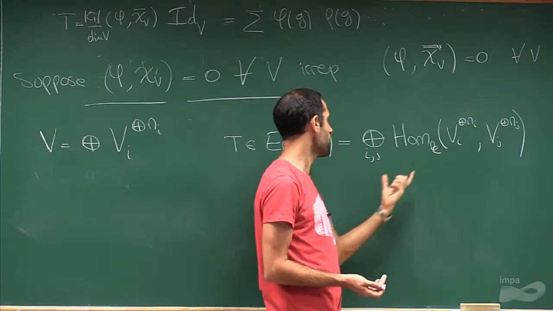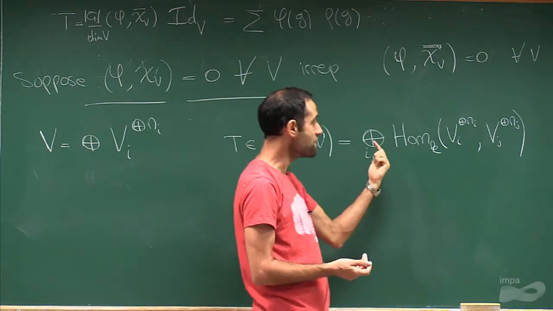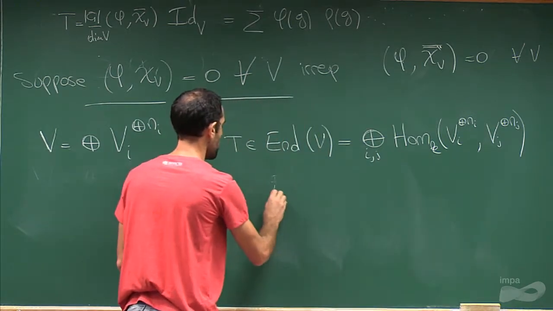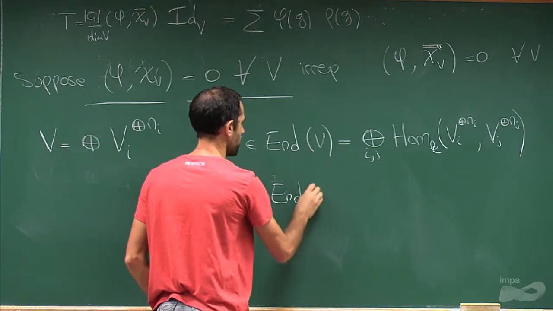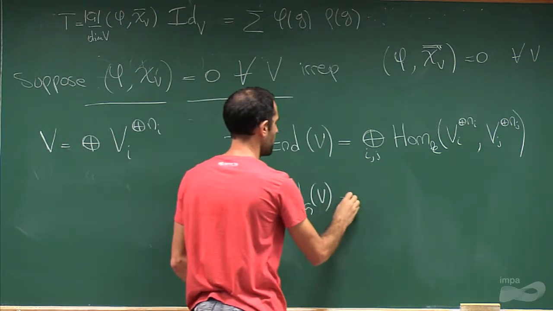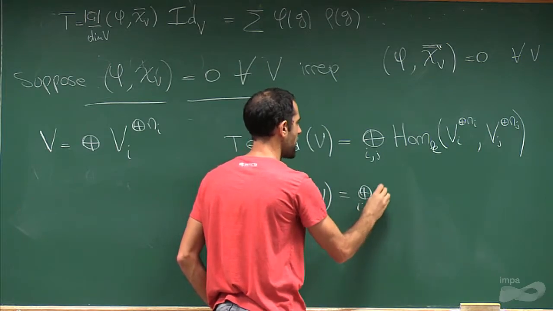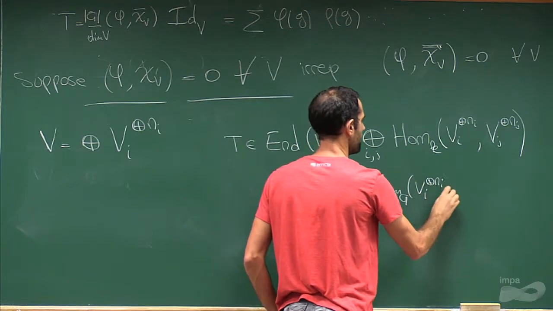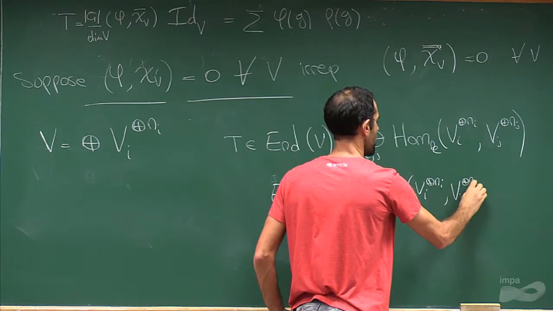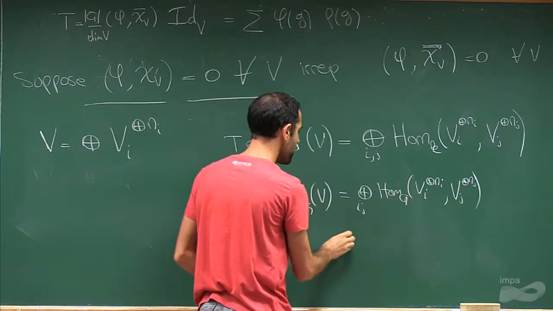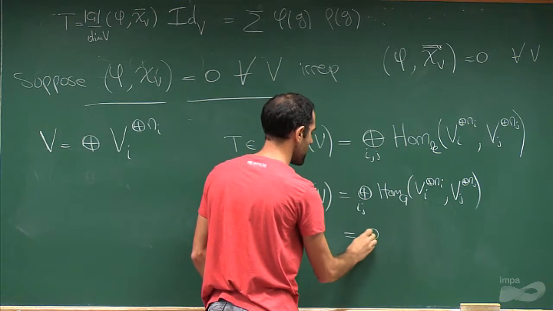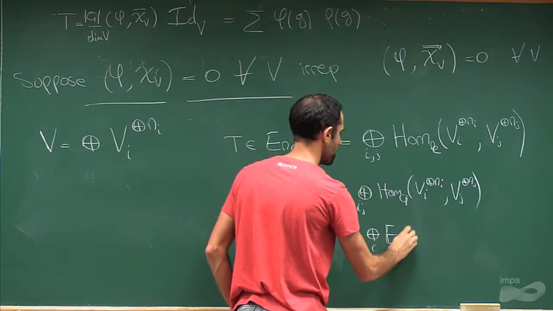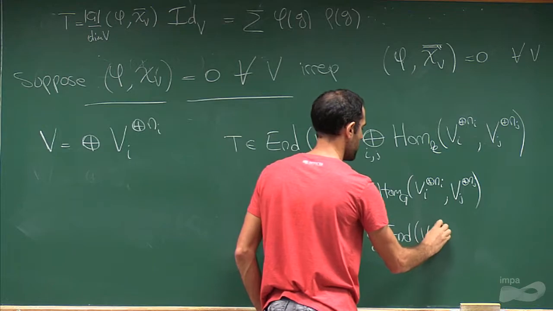So we know that if I look at morphisms that are invariant with respect to the action of G, then the spaces are 0. Namely, if I look inside this space at the ones that commute with G, then this is the direct sum over i and j of Hom_G(Vi to the Ni, Vj to the Nj). And for i different than j, this space is 0. So this is the same thing as the sum over i of endomorphisms of Vi to the Ni.